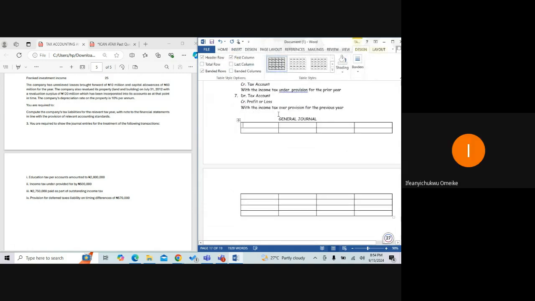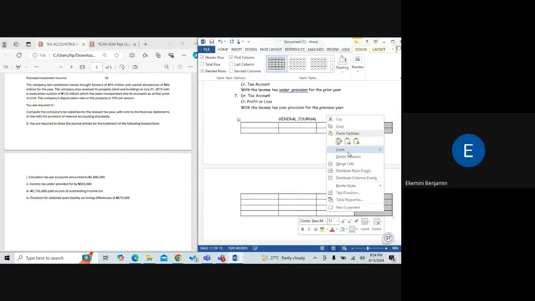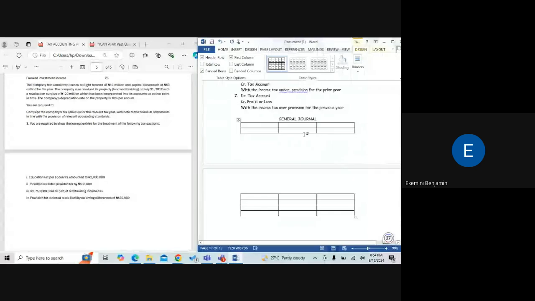This is what a journal looks like: we have a debit and we have the credit. All figures are in thousands.